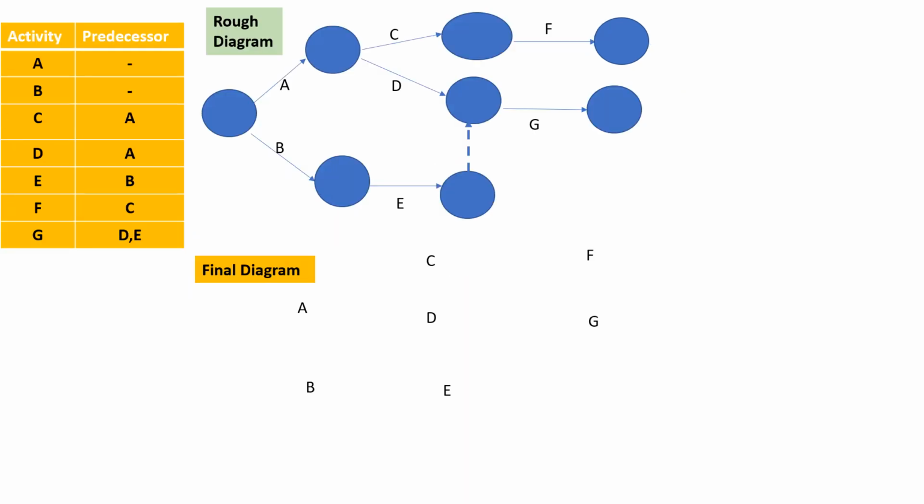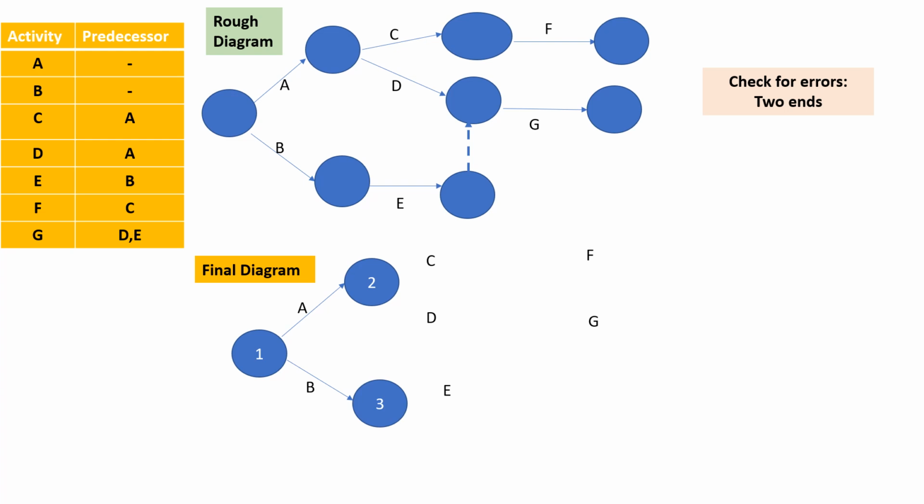Let us look at another problem. Here you have the rough diagram at the top and the final diagram below. Once you check for errors, you see in the rough diagram we have two ends. So this is not possible. A network can have only one beginning node and only one end node. So in the final diagram, we will try to remove this error.